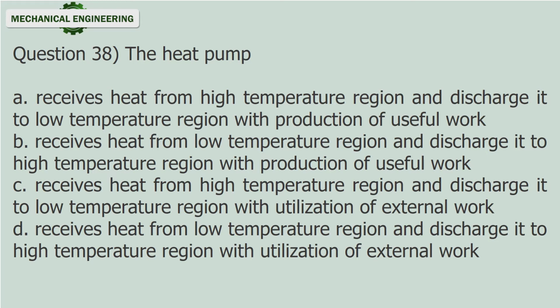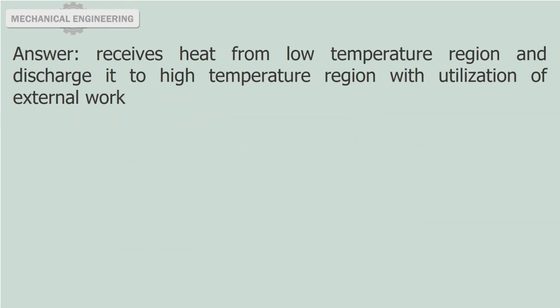D. Receives heat from low temperature region and discharge it to high temperature region with utilization of external work. Answer: receives heat from low temperature region and discharge it to high temperature region with utilization of external work.